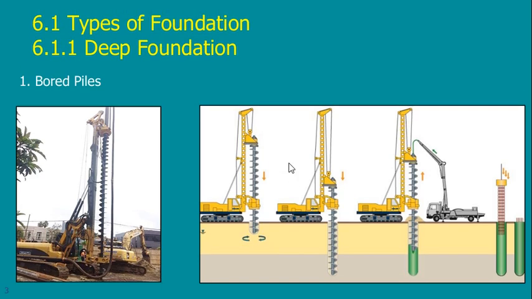We need to, as we said before in any other type of foundations, know what we are classifying this type into. Is it the method of construction? Is it the method of design? Is it the type of material? There are lots of classifications, so don't be confused.